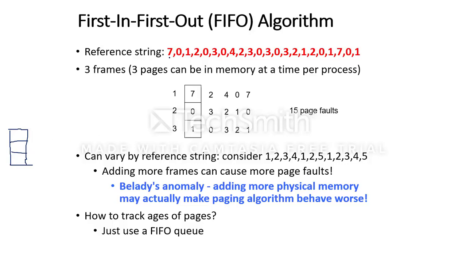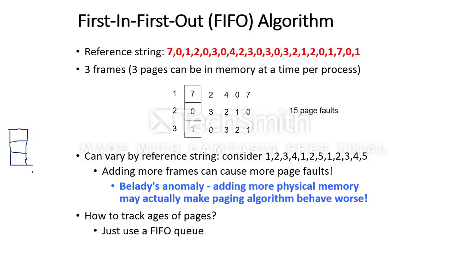We are trying to take 7 and see if it can give us a page fault or not. Because at the end of the day, you need to account for the number of page faults that you have, right? So take 7 into our memory location. You discover that 7 is not there.